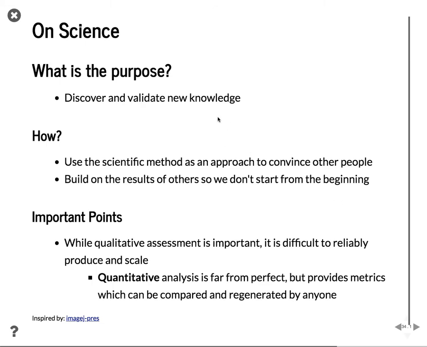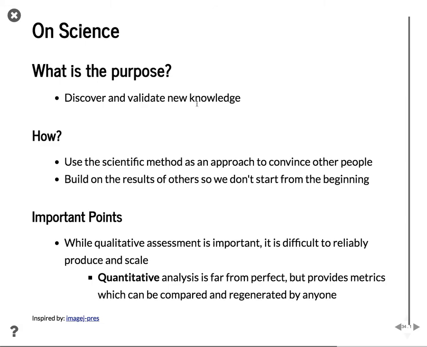So what's the purpose of science? It's to discover and validate new knowledge. Potentially, that isn't emphasized very much in what people actually do during their studies, but that's the point.